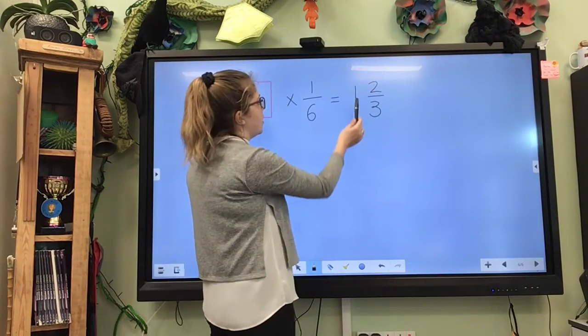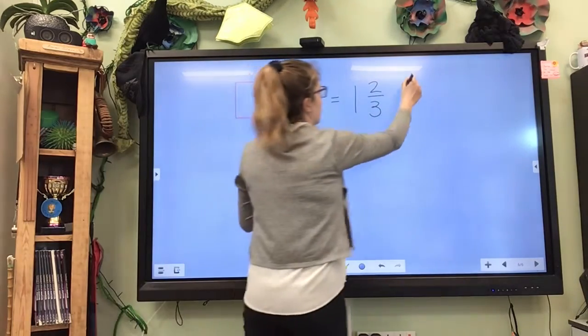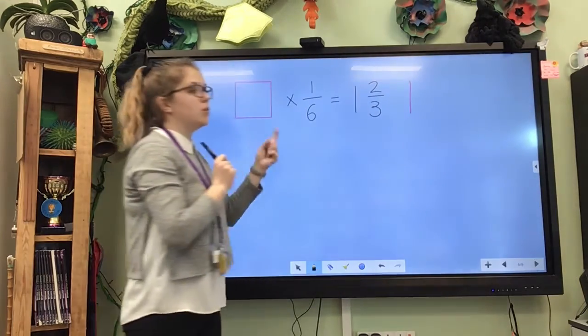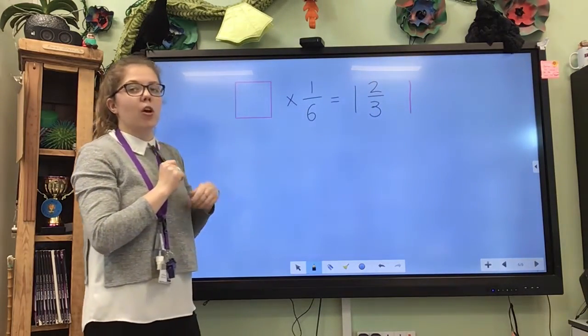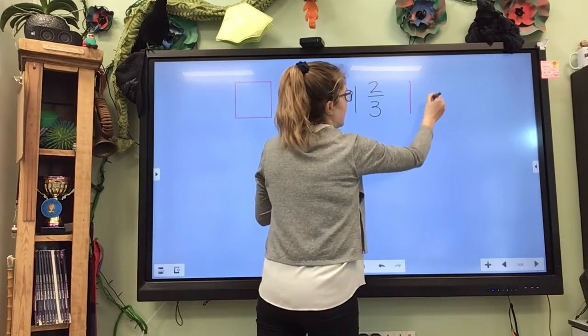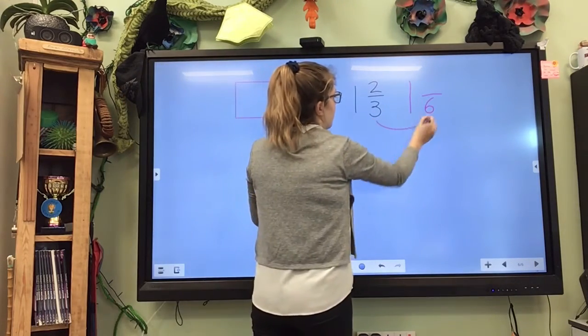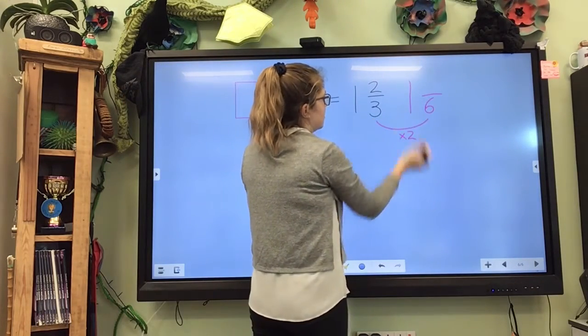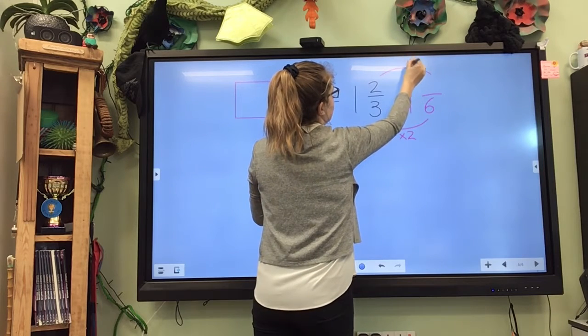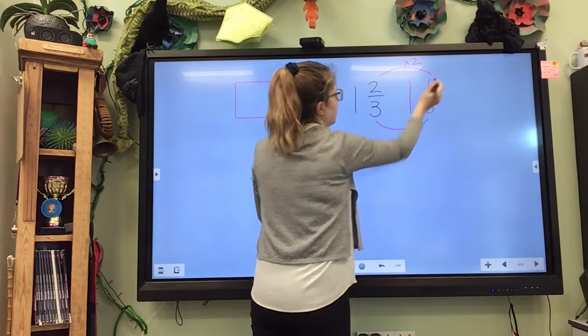I think we need to turn our 1 2/3 into sixths. So remember that the whole numbers stay the same. We've still got 1 whole. What is 2/3 equivalent to in sixths? So I'm going to put my sixth here. And thinking about our equivalent fraction knowledge, we know that we need to do 3 times 2 to get 6. So whatever we do to the denominator, we do to the numerator. 2 times 2 will be 4.